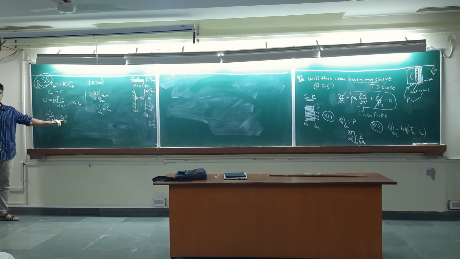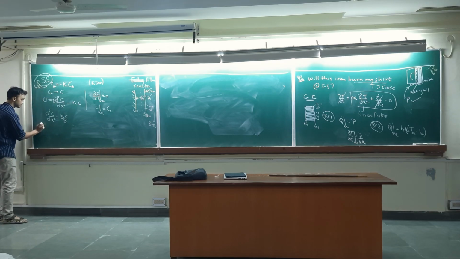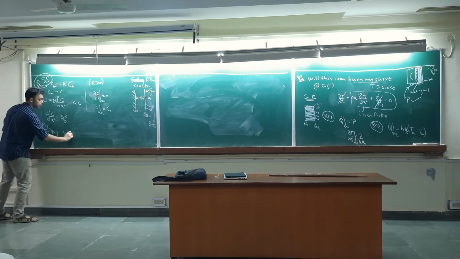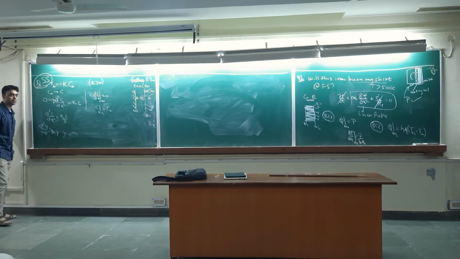We can't directly do it like the last example, but you have to assume. So this is like d square y by dx square is equal to some constant times y, right? You assume y is equal to e to the power minus mx or something.